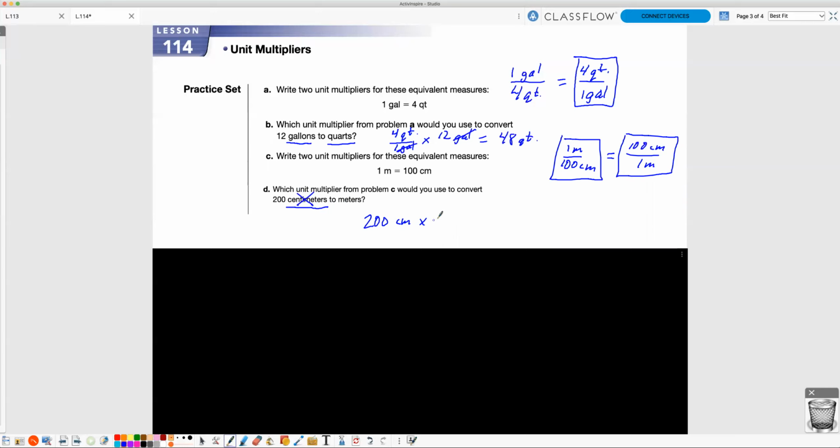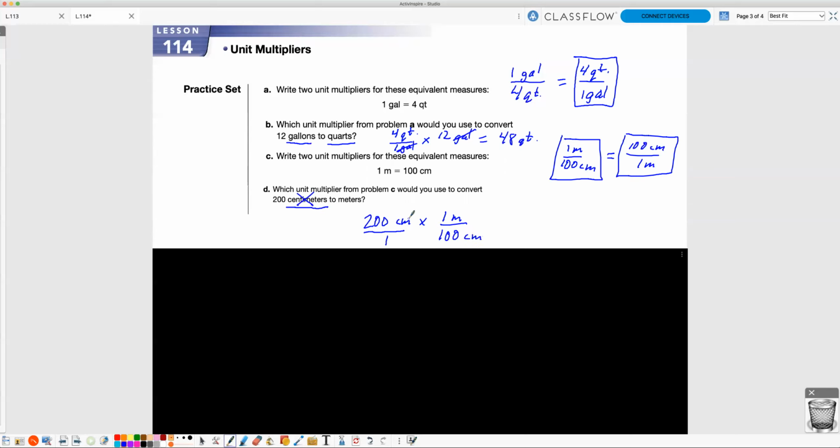So the unit multiplier I choose needs to have centimeters in the denominator, because 200 is the same as 200 over 1. So this is like 200 centimeters in the numerator, over 1 in the denominator. So I need my unit multiplier to have meters in the numerator and centimeters in the denominator.